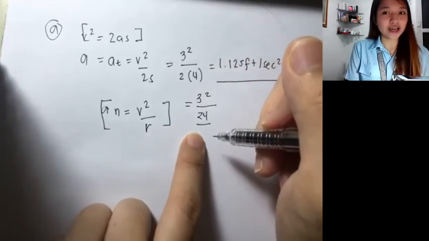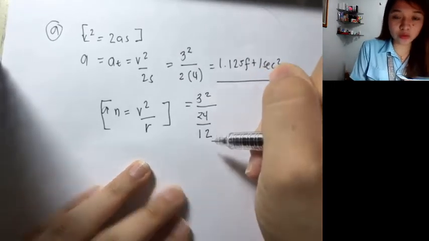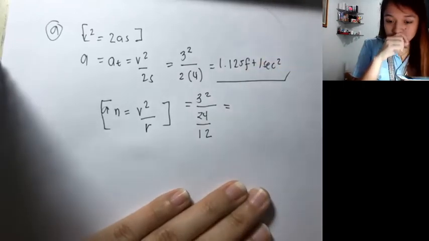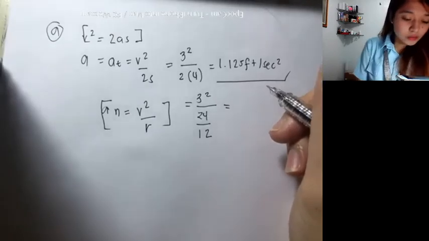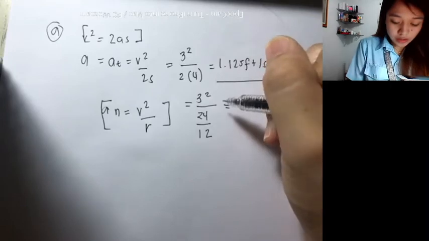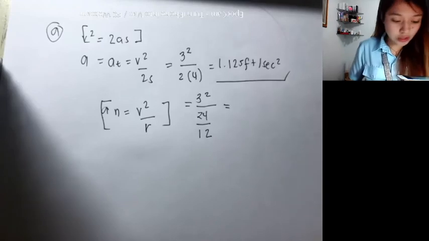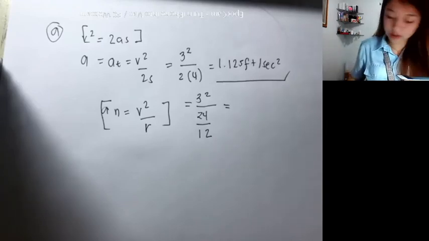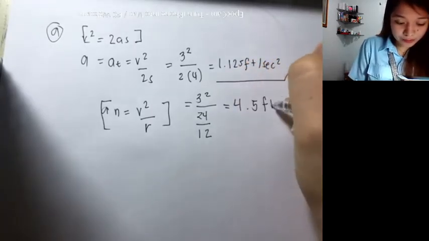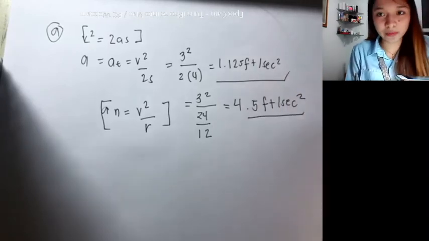Since it is in inches, we convert it to feet, so 24 inches over 12 is 2 feet. So 3 squared over 2, we got 4.5 feet per second squared. That is our normal acceleration.